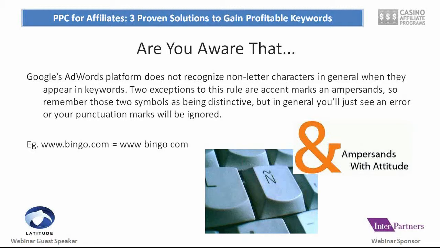So our recommendation is to go back through your account, check that you don't have keywords that don't have recognized letters within them, and make sure that you remove them, because Google will treat them as spaces within the account.